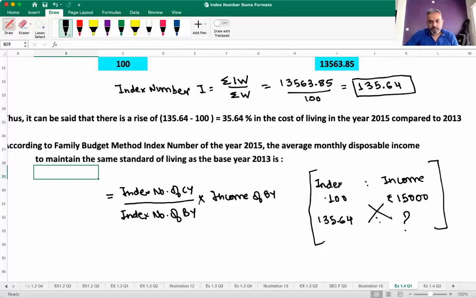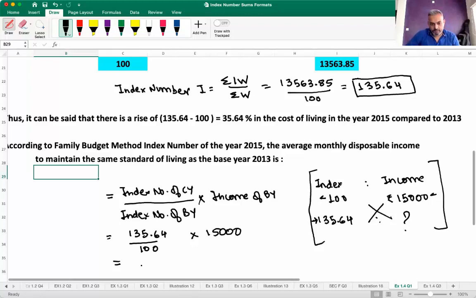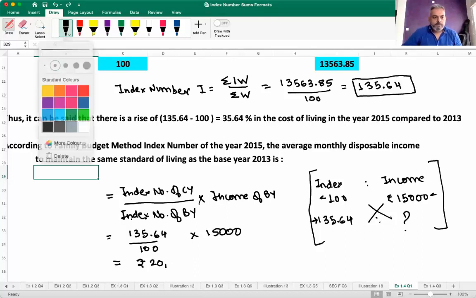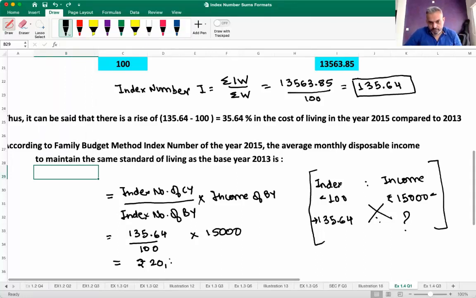Index number of base year is 100, index number of current year is 135.64, and income of the base year is 15,000, which is equal to 135.64 into 15,000 upon 100, which is equal to rupees 20346.